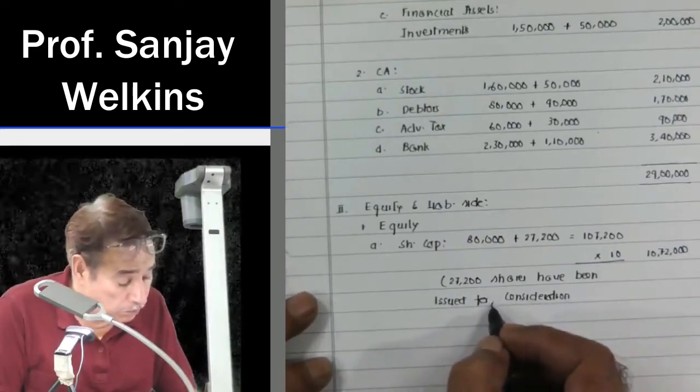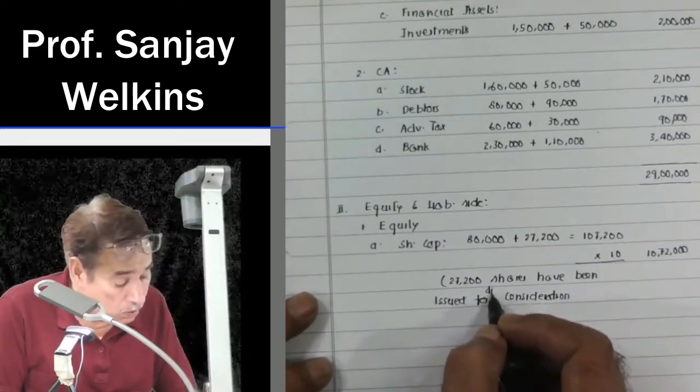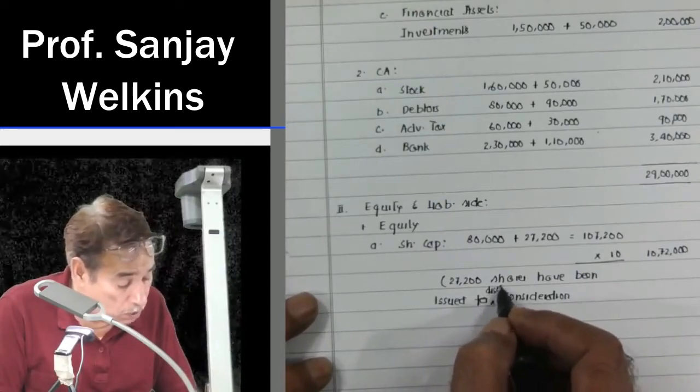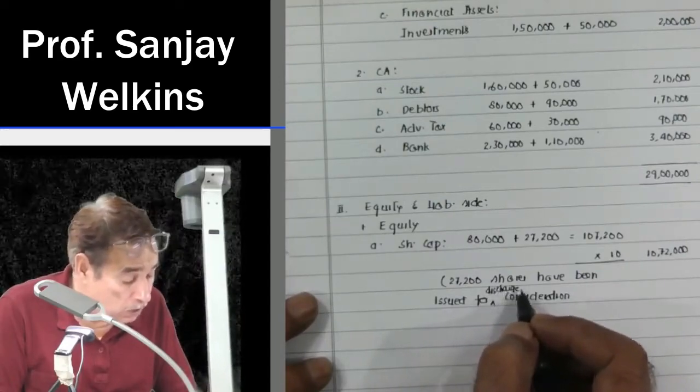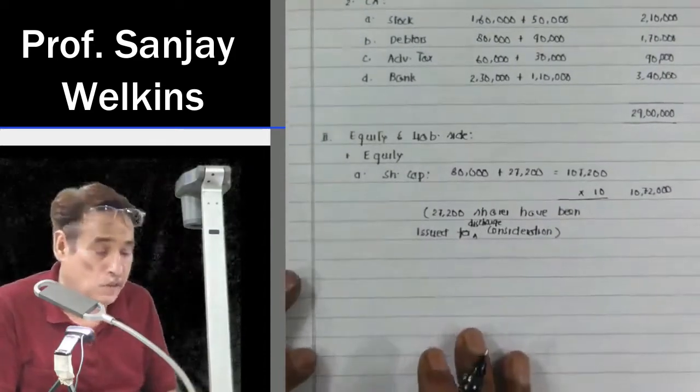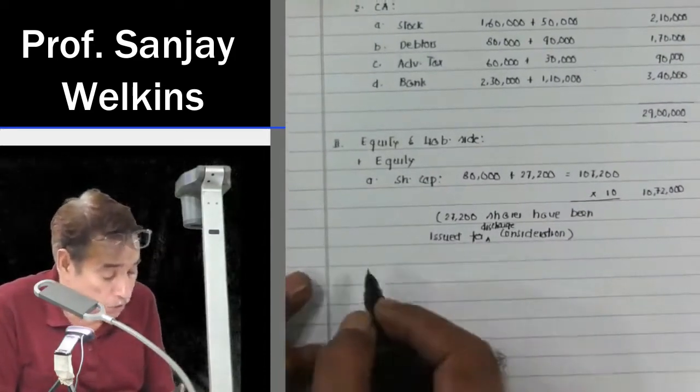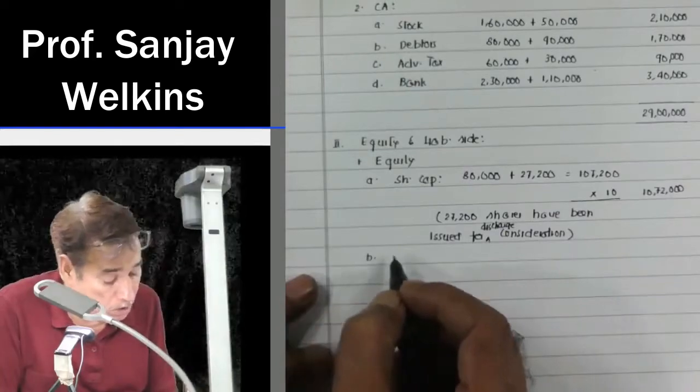Correct? So you can write it this way in bracket also, just to give a good impression to the examiner. Other equity.